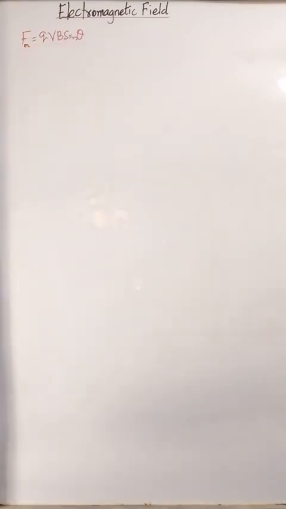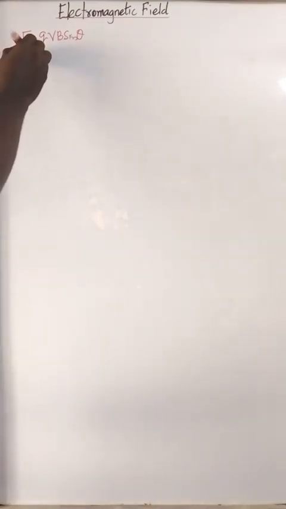Now recall, from our last class we did magnetic field, and we said for a charge in a magnetic field, it is going to experience a force F, and that force is given to be QVB sine theta. So we can call this one magnetic force.